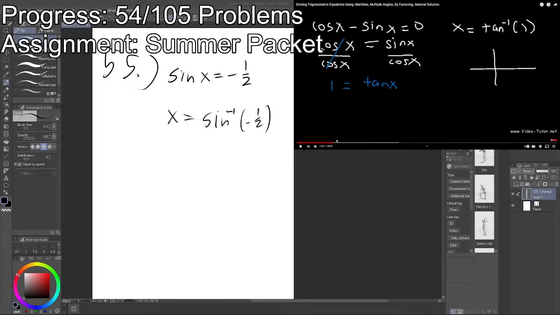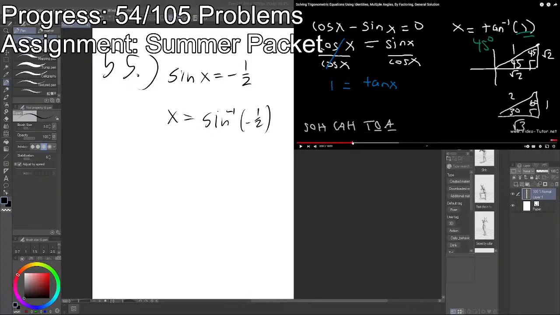It's fine. Because he goes from what I had, except with tan. He has tan x equals 1, I have sine x equals negative half. And then he goes crazy and makes that inverse and isolates the variable.